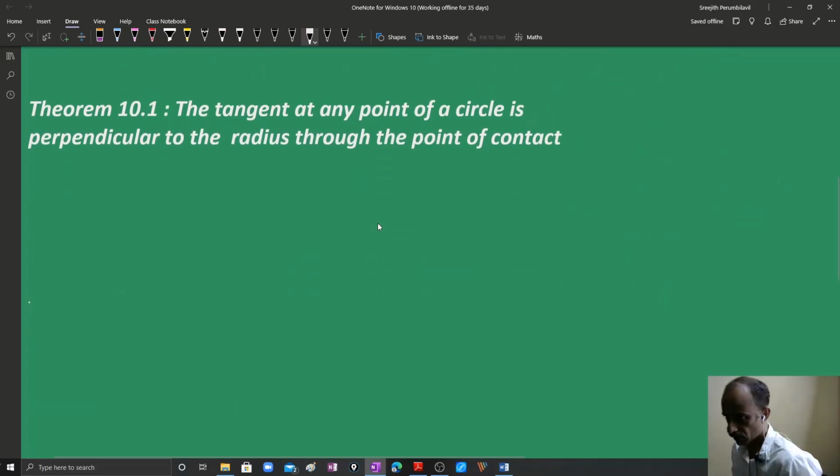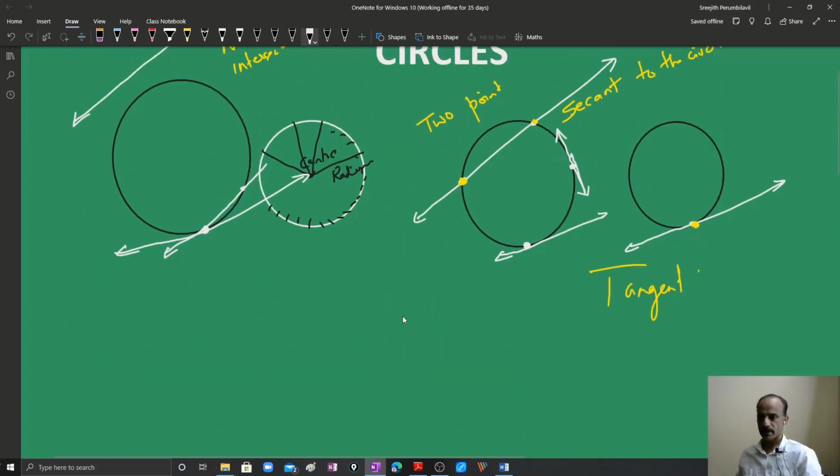Now let us come to the first theorem in the chapter. Theorem 10.1: The tangent at any point of a circle is perpendicular to the radius through the point of contact. There are two things that we need to discuss here. What do you mean by the point of contact? The point at which the circle touches the tangent is known as the point of contact.